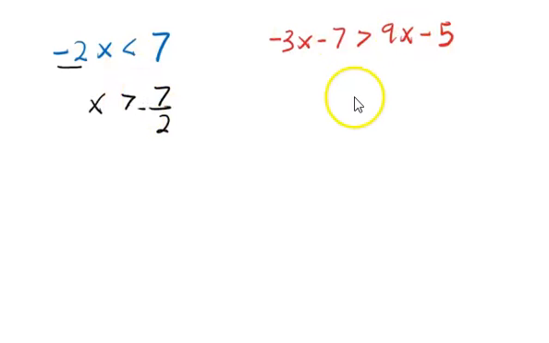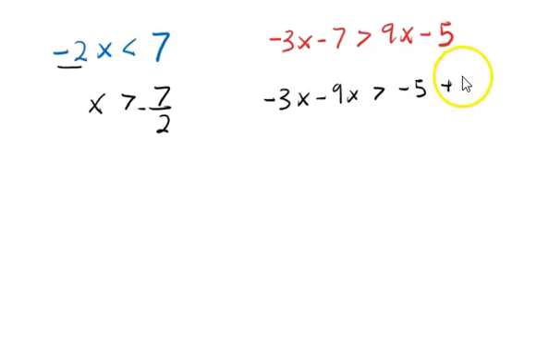Now for this question, we gather the x term. So the 9x will move here to become a negative 9x. Here will be negative 5 plus 7. So here we have negative 12x, and here we have 2.